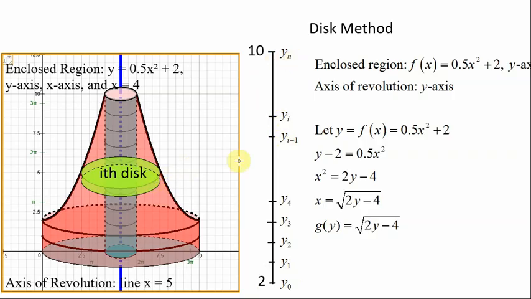And so for this disk right here, it comes from this ith sub-interval. The distance from the x-axis to the bottom of the disk will be y sub i minus 1. The distance from the x-axis to the top of the disk will be y sub i.